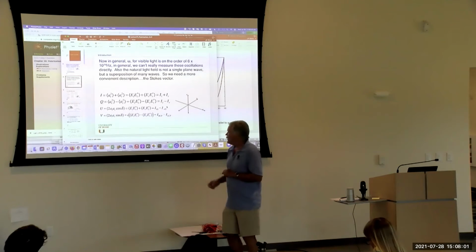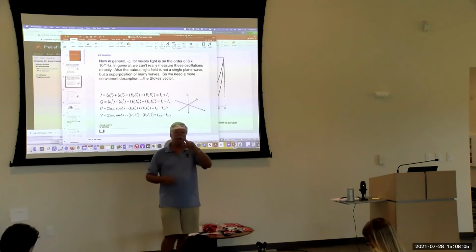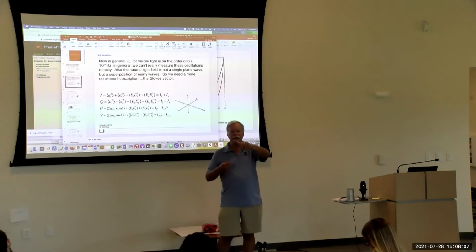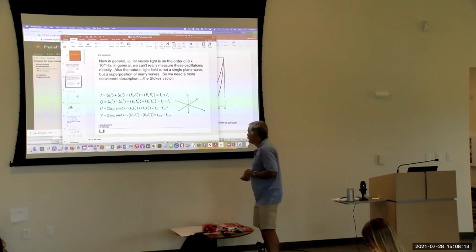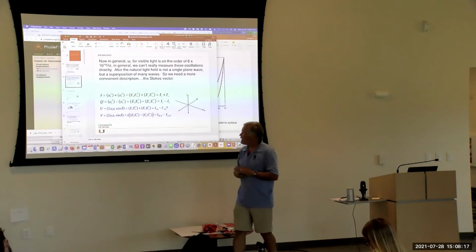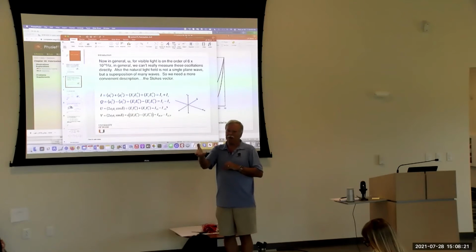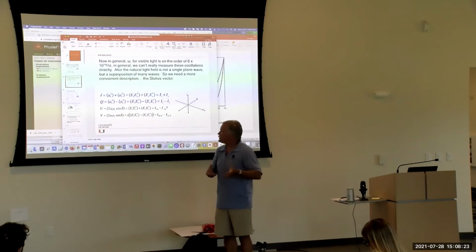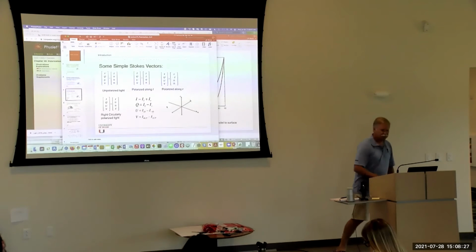Then U is the same idea, but now it's the light polarized at 45 degrees minus the light polarized at -45 degrees. So Q and U are linear polarization terms, and then V is right circularly polarized light minus left circularly polarized light.